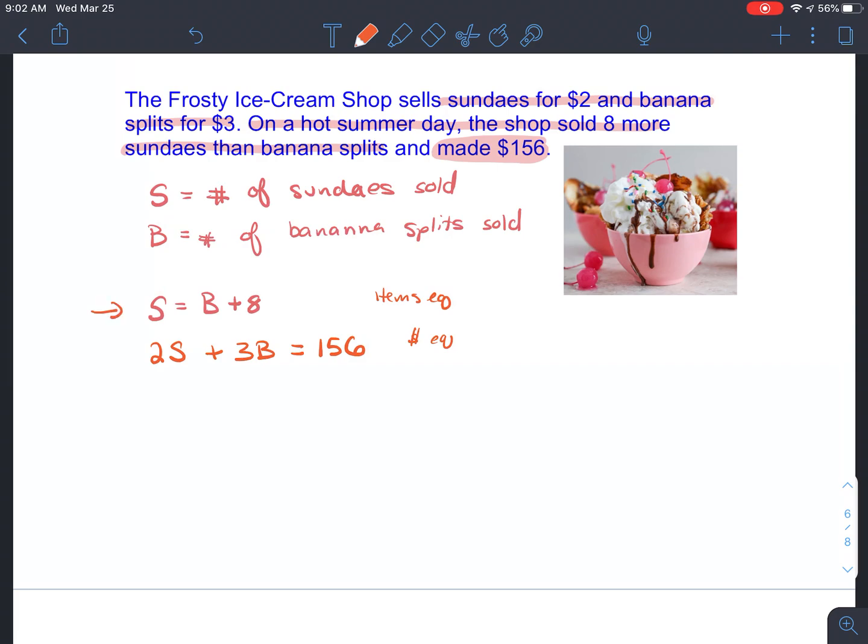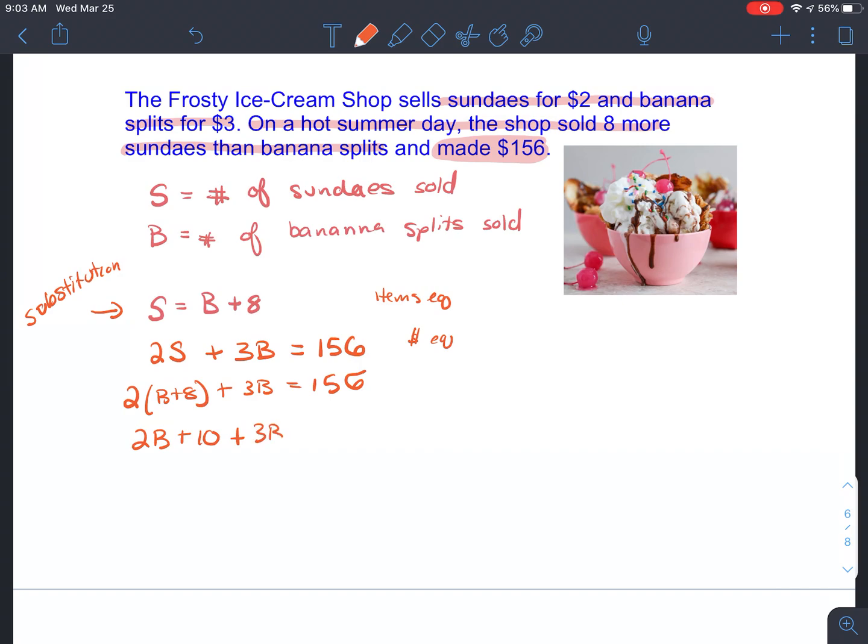Okay, so now what method can be used to solve? Well, again, S is isolated, so I'm going to stick with substitution. So I'm going to substitute S with B plus 8 and solve.